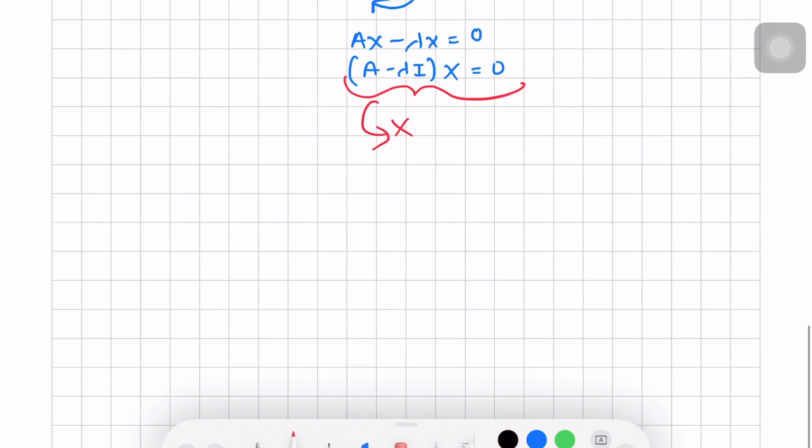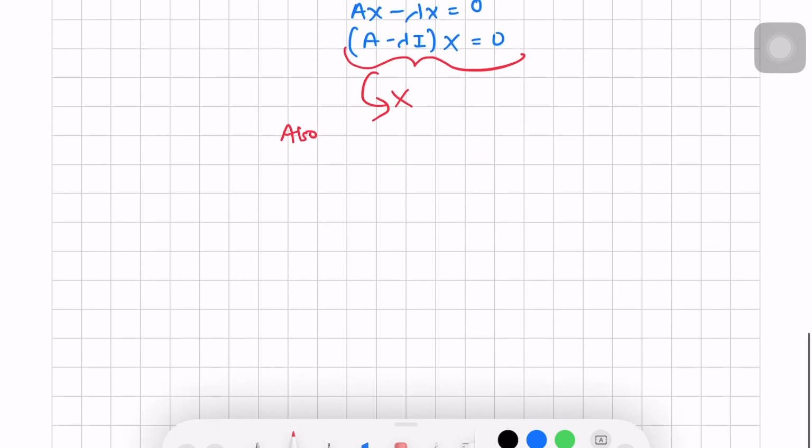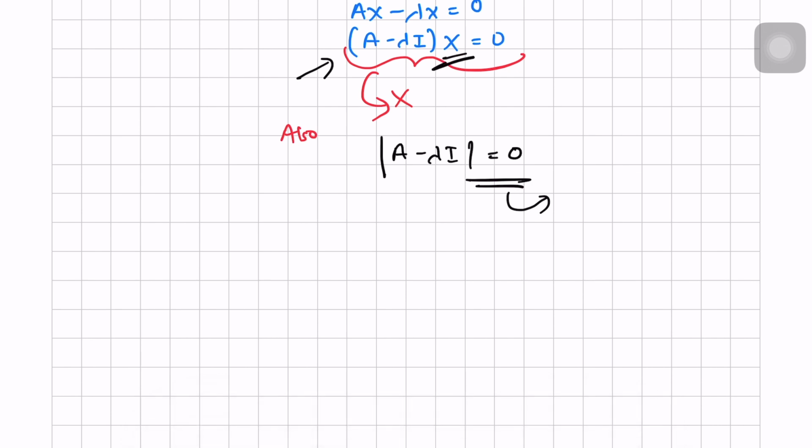Also, we can take the mod of the above equation, and we get |A minus lambda I| is equal to 0. Now why 0? Because if (A minus lambda I) into x is equal to 0, it means that either A minus lambda I is 0 or x is equal to 0.